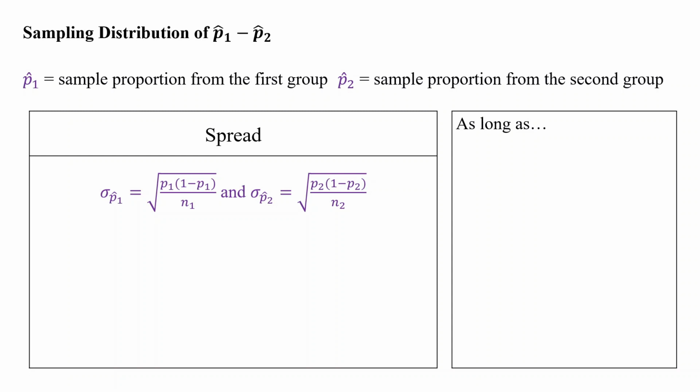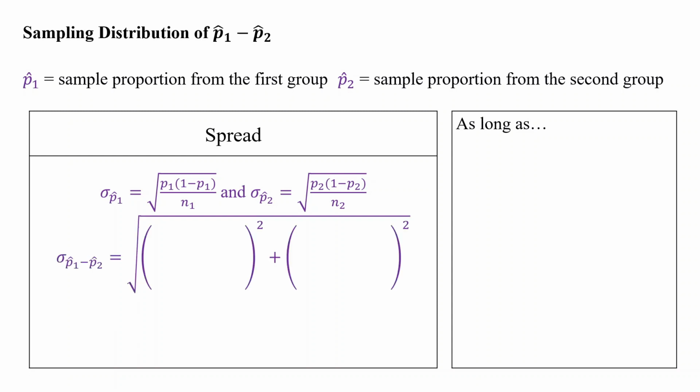What I know is that when combining random variables, you always add variances. Even though I'm going to find the difference between these two distributions, I always add variances. That's what I have on the screen, kind of a skeleton template. I want to add the variances, so in parentheses I put both of those standard deviations.